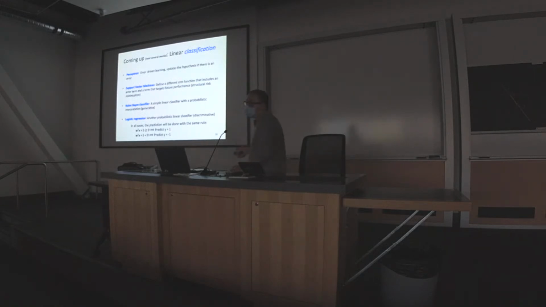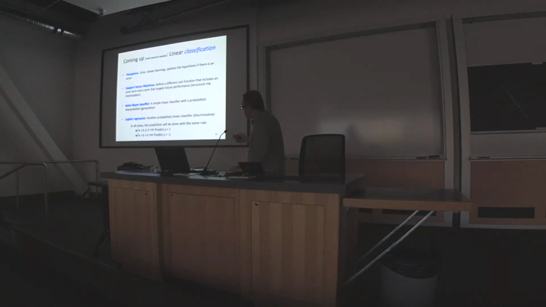And then when we talk about probabilistic learning or Bayesian learning, we'll introduce two more linear classifiers. One is called the naive Bayes classifier. It's a simple linear classifier, but with an elegant probabilistic interpretation. And then we'll introduce logistic regression, which is another popular probabilistic linear classifier, mainly used for things like online advertisement and recommendation systems, like in Amazon.